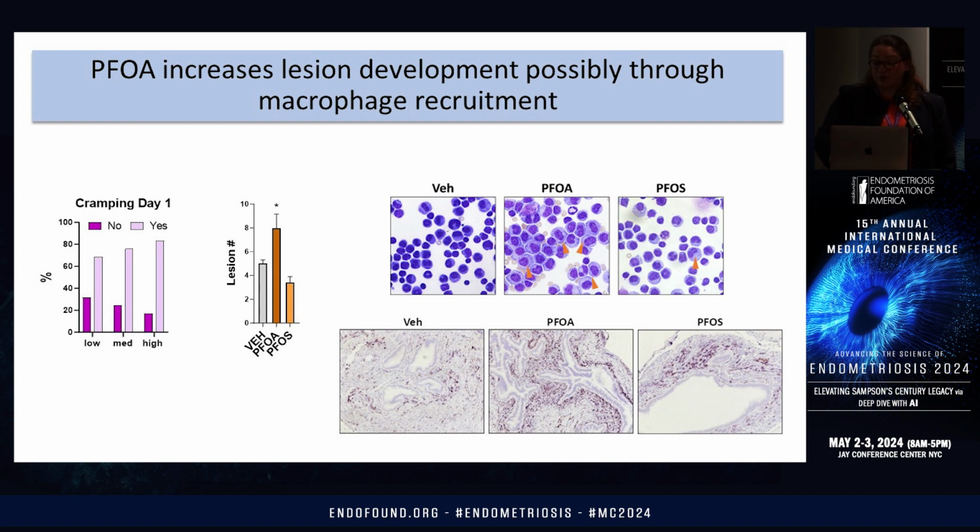So from that, our next question was, what does this do in our mouse model? And we chose to look at both PFOA and PFOS, which are two very similar but different PFAS chemicals. And what we find, as we would expect, because we hypothesized that PFOA would be more immunotoxic, was more toxic of the PFASs.